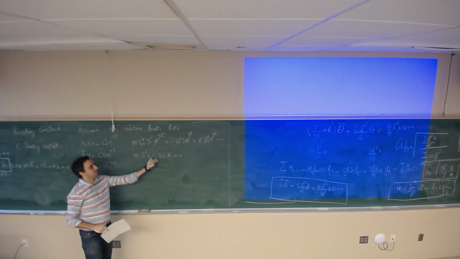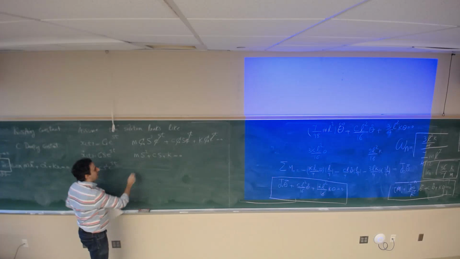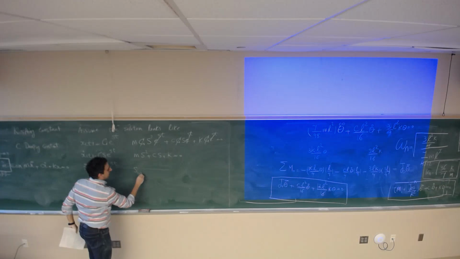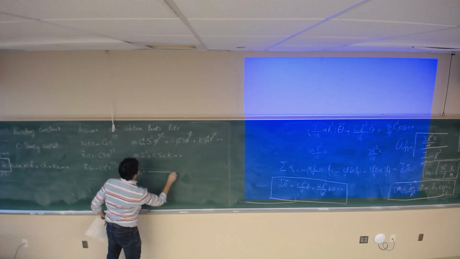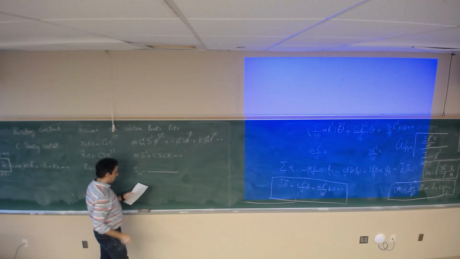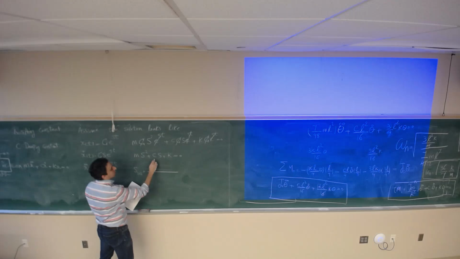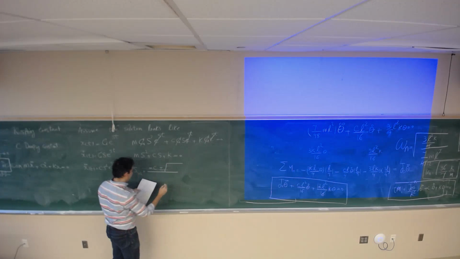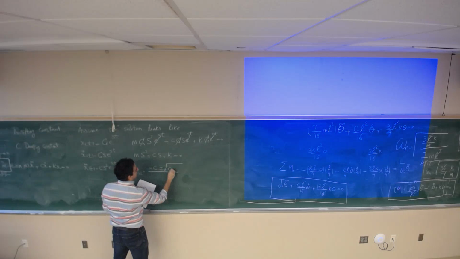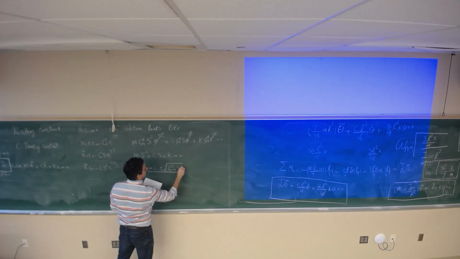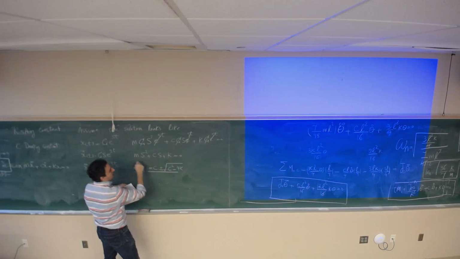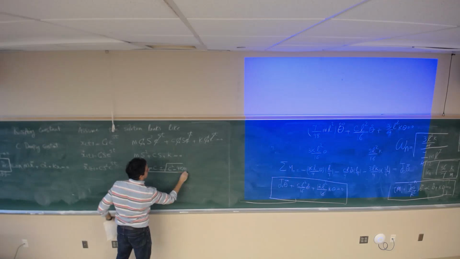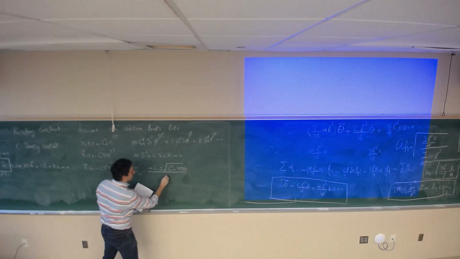It's a quadratic equation. I can solve for s. S1 and S2 would be negative coefficient of s, plus and minus the square root of c squared minus 4 k m, divided by 2m.